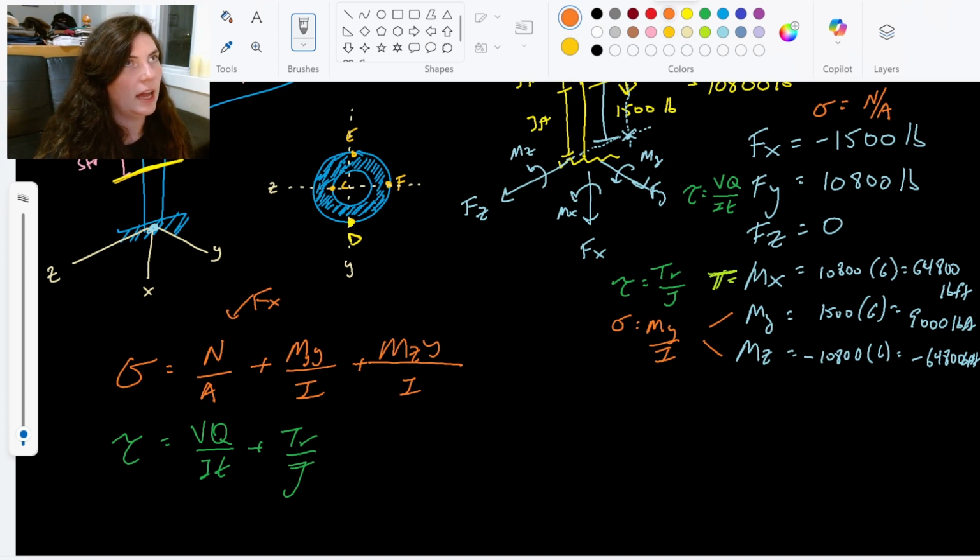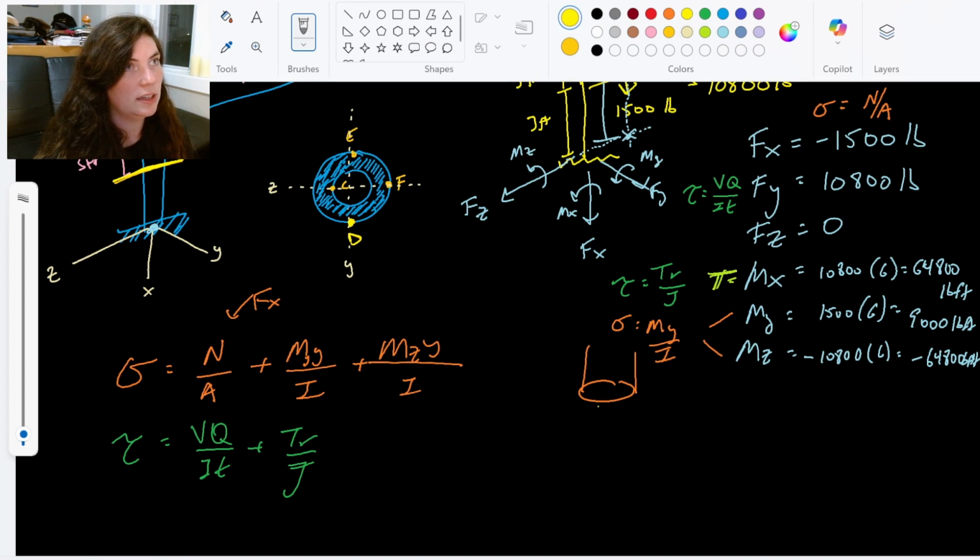So looking back at that normal force, if I break down what's happening there, this is my cross section. There's the pipe going up. I know that this is in compression.